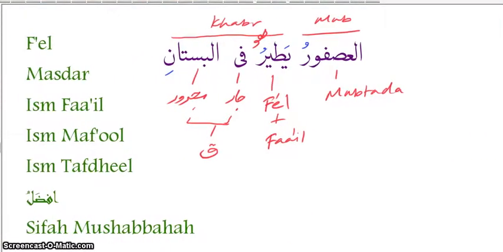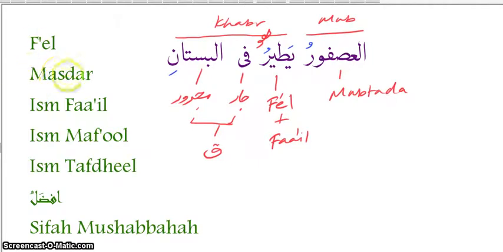Well, they are fi'l, masdar, ism fa'il, ism maf'ul. Ism maf'ul, like the word mawjudun, mansurun. Ism fa'il, like thabitun, or ism fa'il like the word mukrimun, depending on which bab it's from.